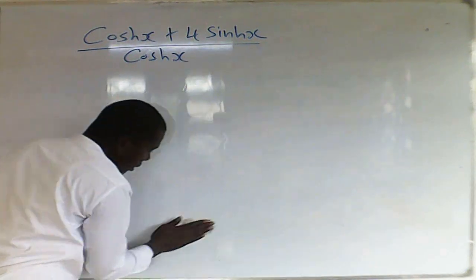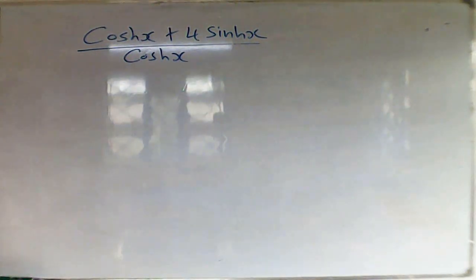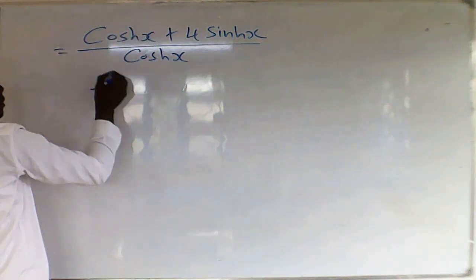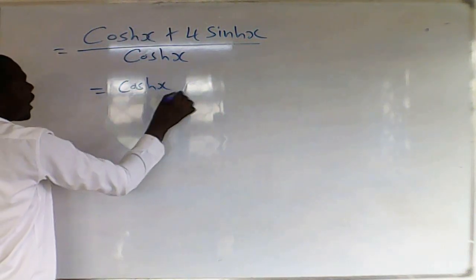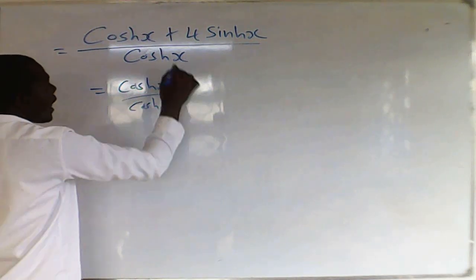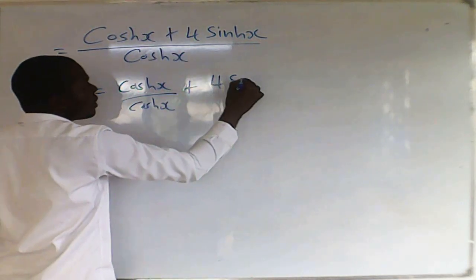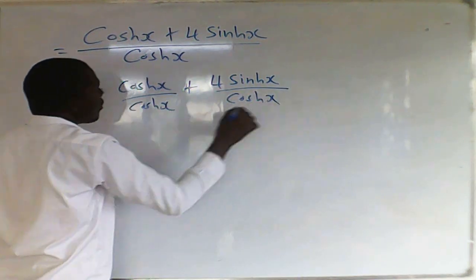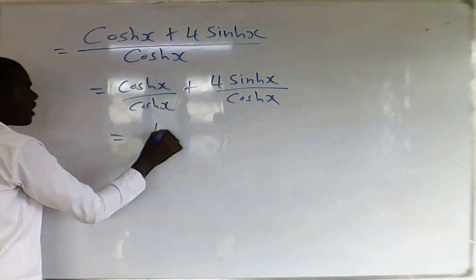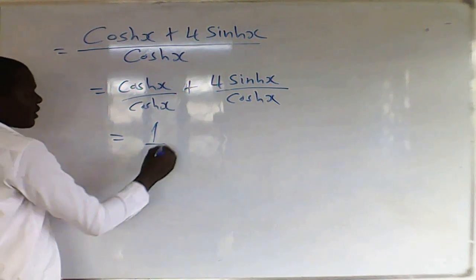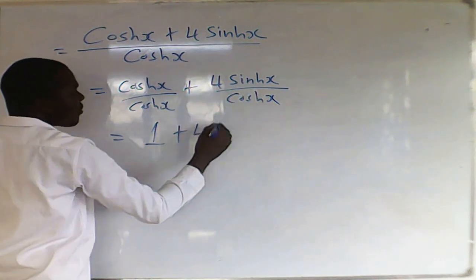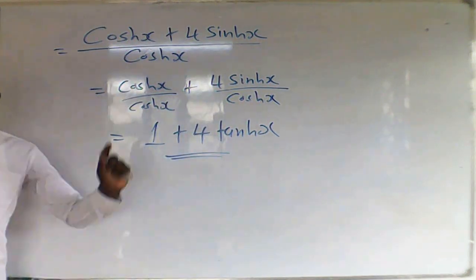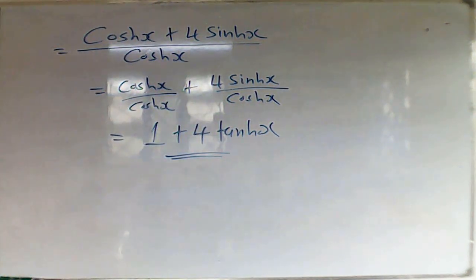So that is a common denominator, which gives cos x over cos x plus 4 sinh x over cos x. So cos x over cos x is 1, then plus 4 sinh x over cos x is 4 tan x. And you found whatever was on the right hand side.